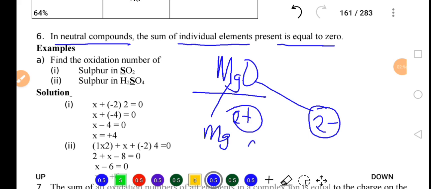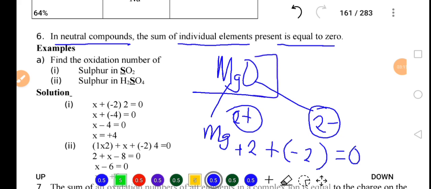When you add 2 positive as the oxidation number plus negative 2, you will get 0. So this 0 is the overall charge of this compound. That is very, very important. Every compound which is not having a charge, the oxidation number of the individual elements involved in that compound will be equal to 0. The sum total of the charges equals 0.